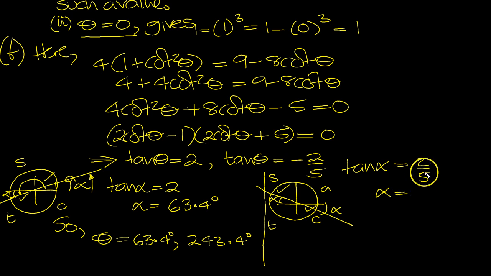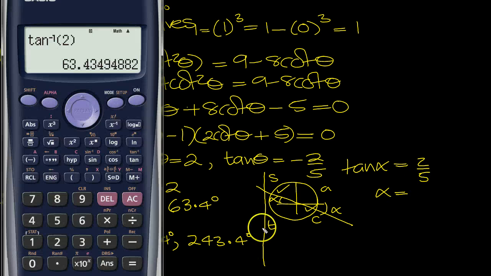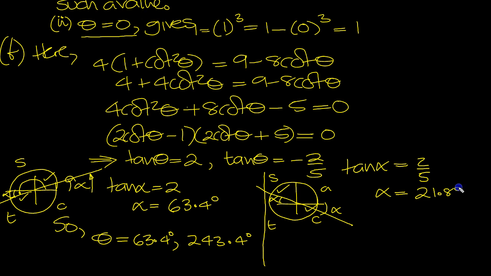Alpha is shift tan 0.4, isn't it? So let's do that then. Shift tan 0.4. 21.8 degrees. So there's alpha. Theta then, in this case, is equal to, well, the first solution will be round to here. 180 back 21.8, which is 158.2.